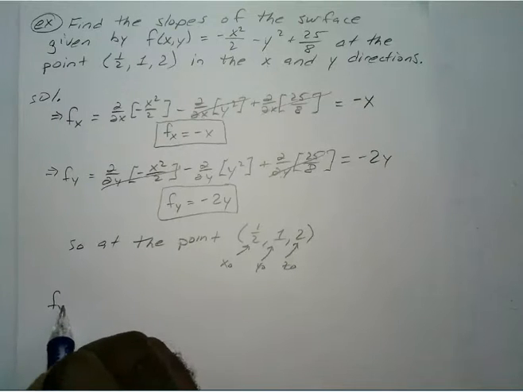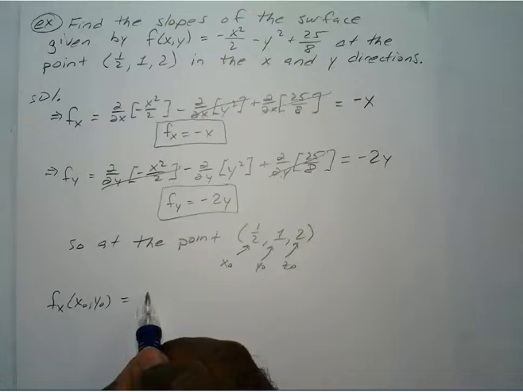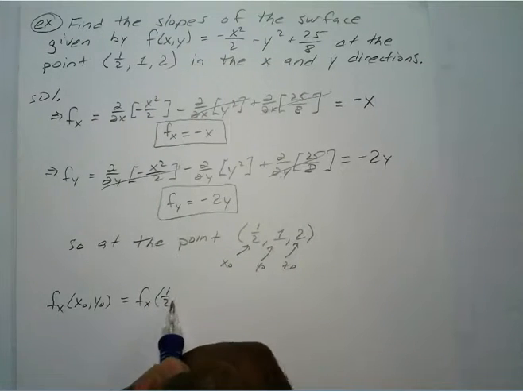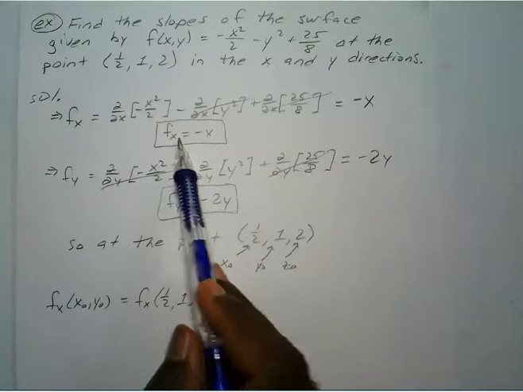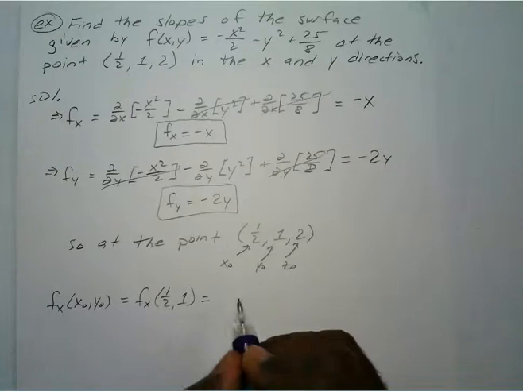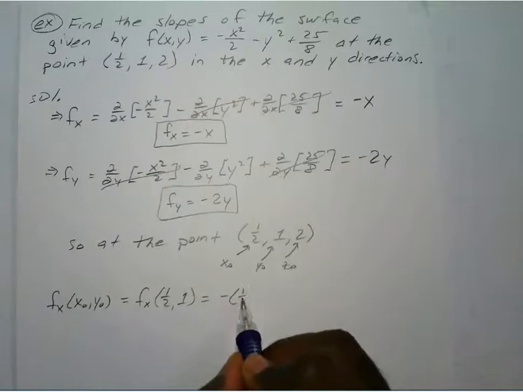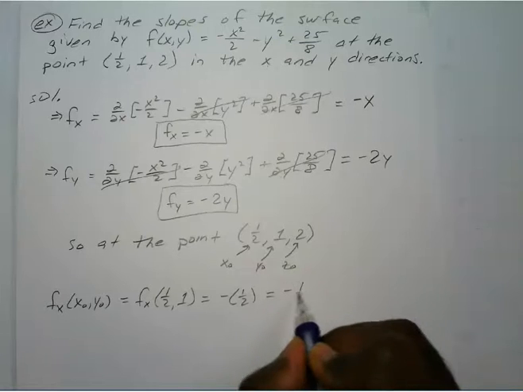Okay, so our partial with respect to x of x0, y0, in this case, is our partial with respect to x of 1/2, 1. Okay, so our partial with respect to x is just negative x. So the only thing we can plug in is the x value, which is 1/2. So that's going to be negative x. So that's negative 1/2, which is negative 1/2.